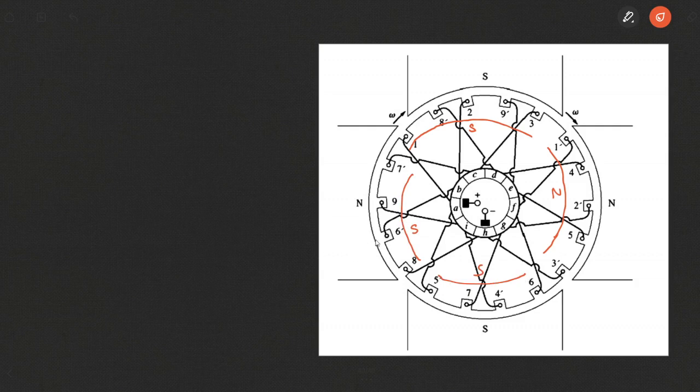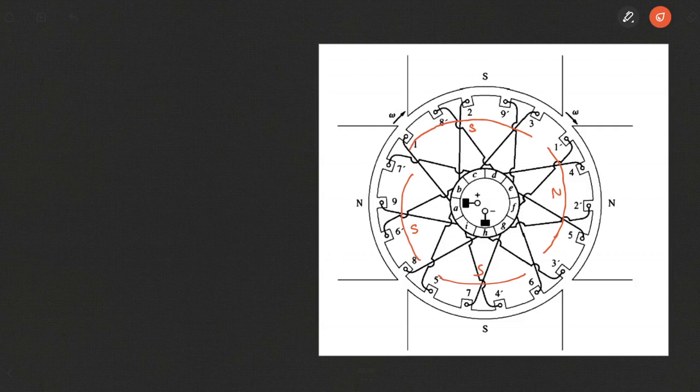Since the number of poles and the number of slots do not fit, we do not have an equal number of slots under every pole face at a time, because of the number of slots.